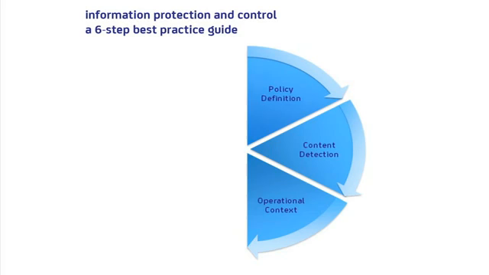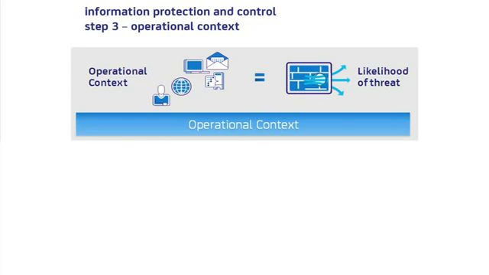The next step is operational context. Understanding operational processes, or the context in which data is used, is the second key factor in properly controlling data. Insight into how data is used will give you a sense of how likely it is that the data will be compromised. In order to determine the context in which data is used, you must do the following.